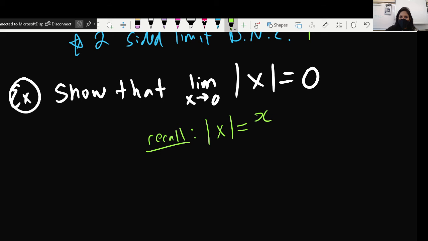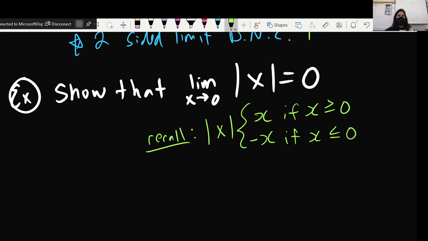So it's x if x is greater than or equal to 0, but it would be negative x if our x values are less than or equal to 0. So it would be split up into two parts. That accounts for that shape, the two different parts of it.